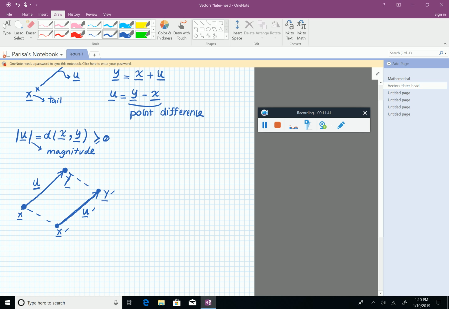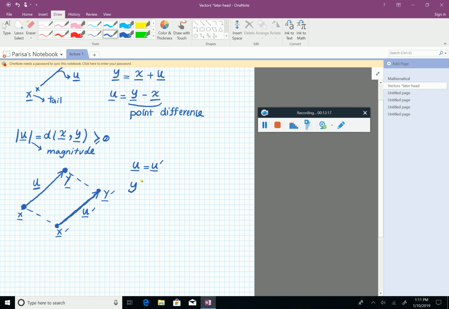the question is, are u and u prime two different things? The answer is no. As long as they have the same magnitude, they are parallel, and they are pointing to the same direction in such a way that we can construct this parallelogram using these four vertices, we can confidently say that no, u and u prime are pretty much the same thing.